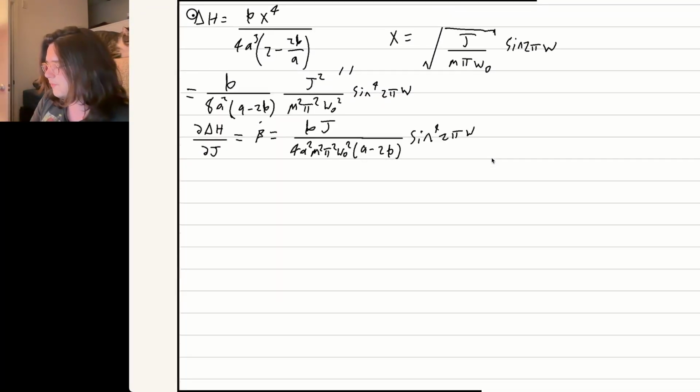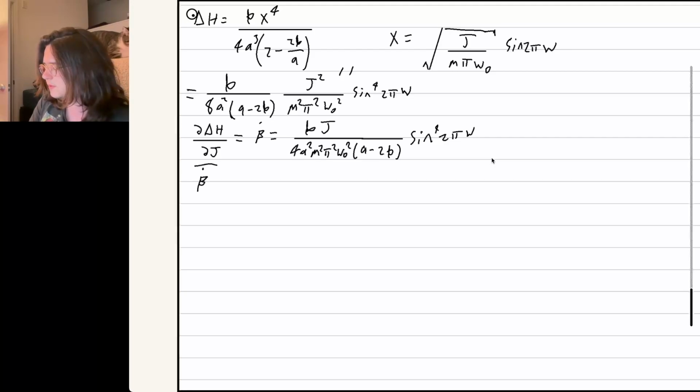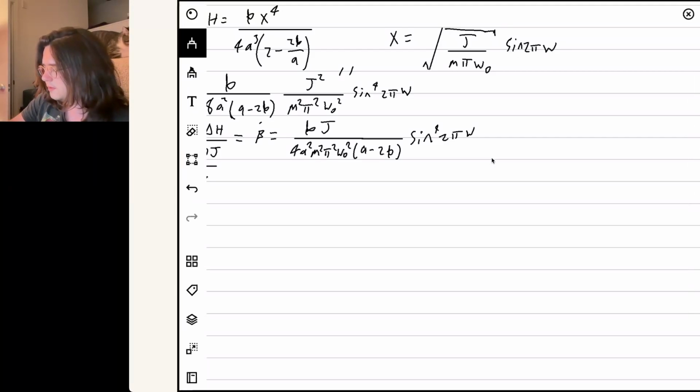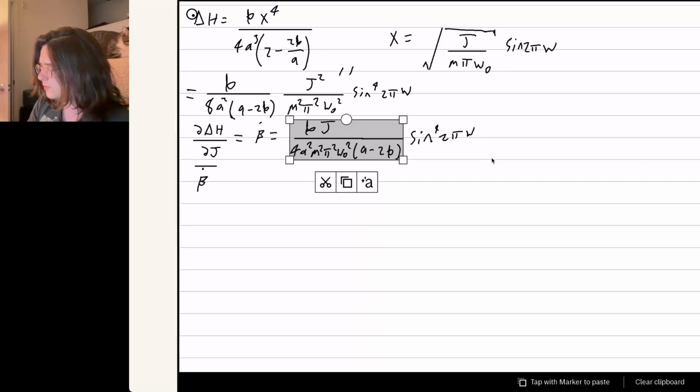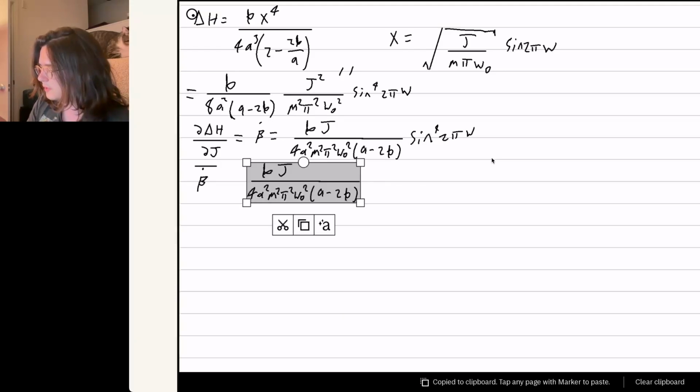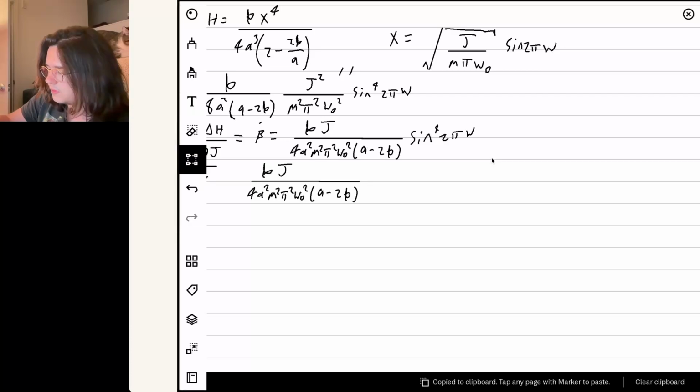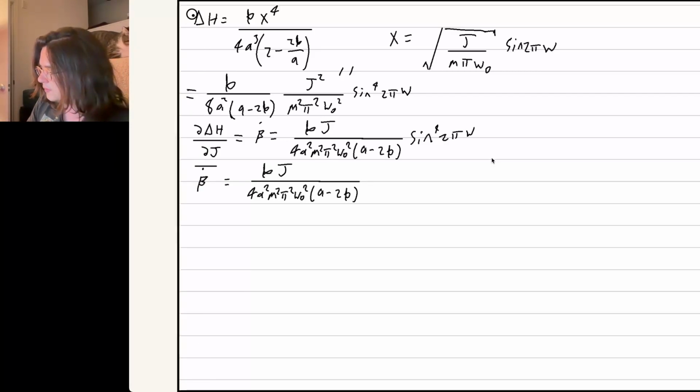Now we're going to take an average of this. In perturbation theory, the only thing that really is going to change over time is the sine to the fourth 2 pi w. Everything else is pretty much treated as a constant in time. So we're just taking the average of this, and that's a known average.